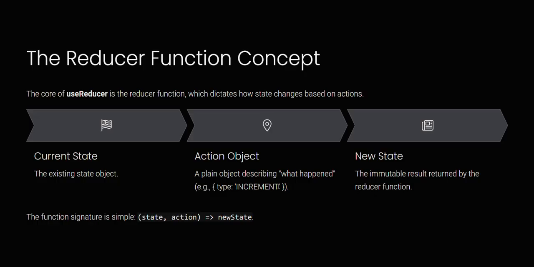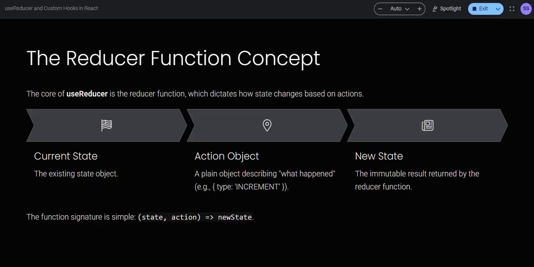If the action requires data to perform the update, say the text of a new todo item, that data is included in a property called the payload. So let us take an example.